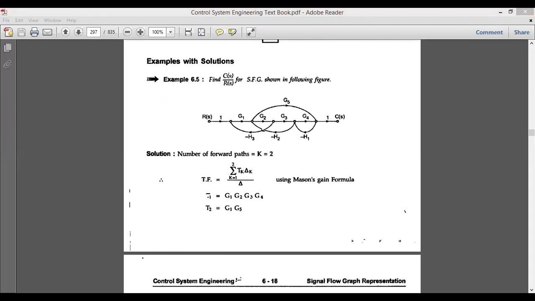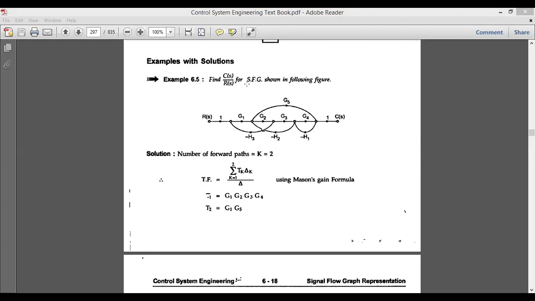Sometimes they use X of S divided by Y of S, or some other alphabet, like Y1 and Y7 that we saw in yesterday's class. But the standard form of representation of transfer function is C of S divided by R of S.